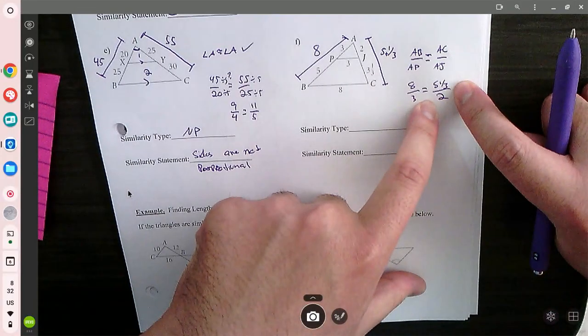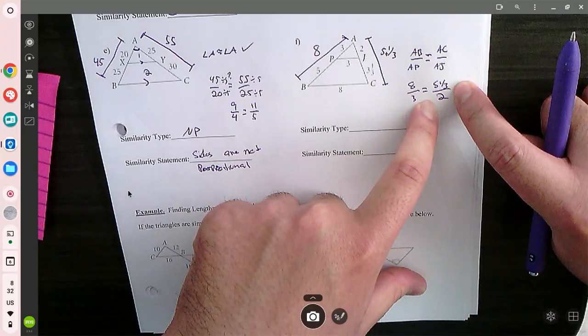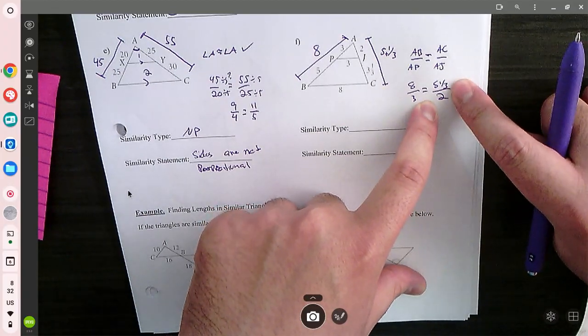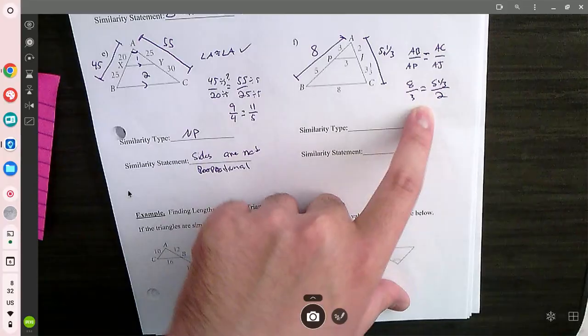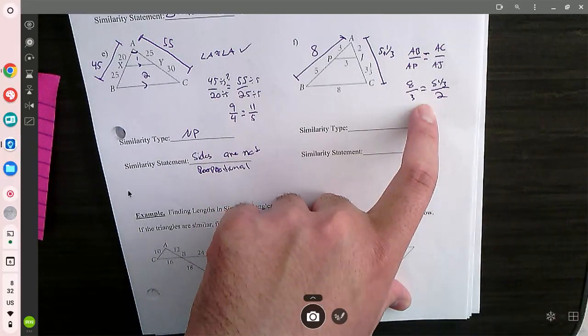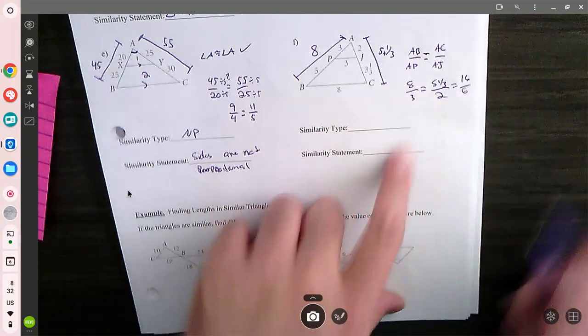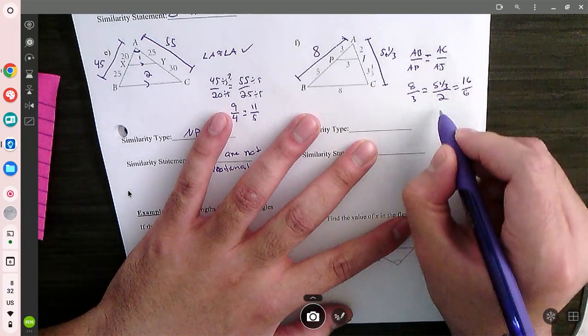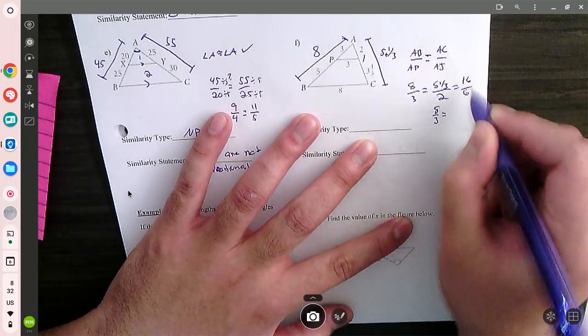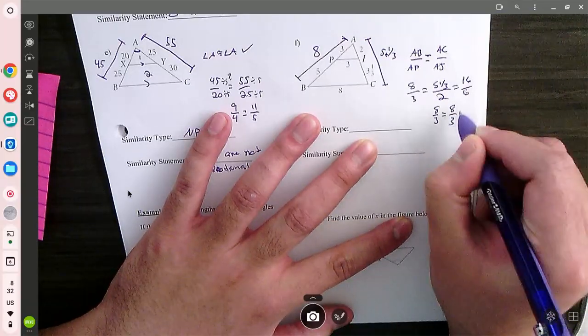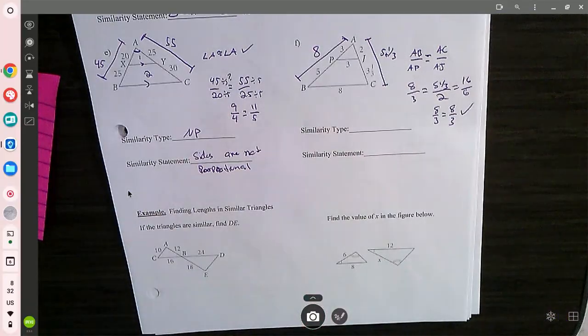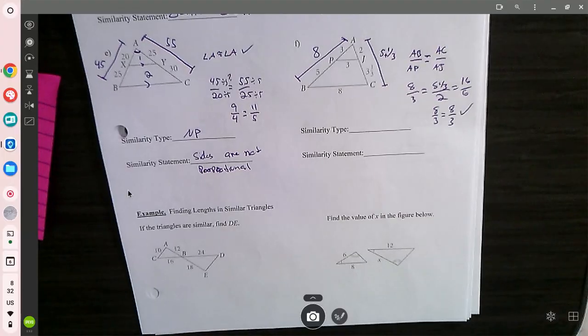I'm going to multiply this by 3 so that I get rid of my third. So 15 and 1/3 times 3 is 16. So it'll be 16 over 6. I can divide those by 2, so that I get 8 over 3. So we do, in the long run, get the same proportions.